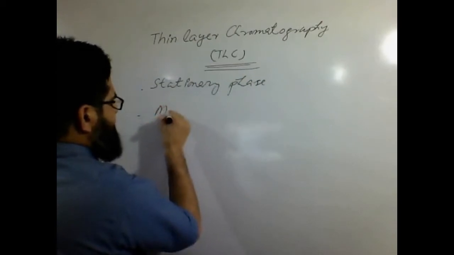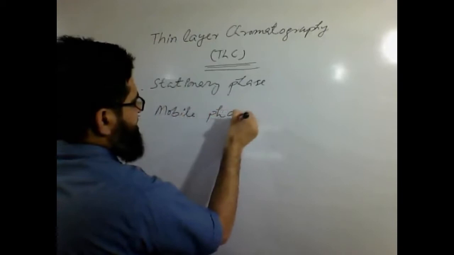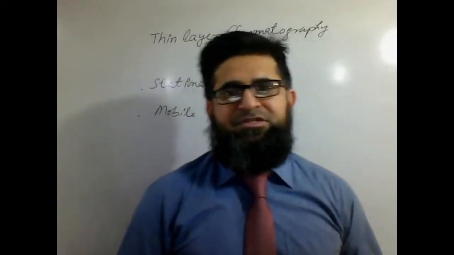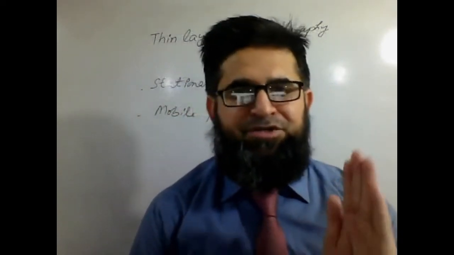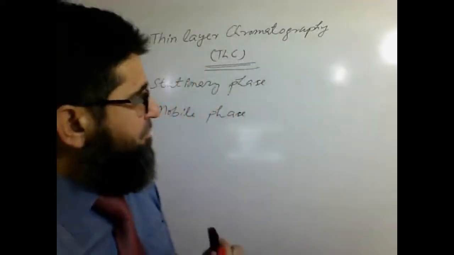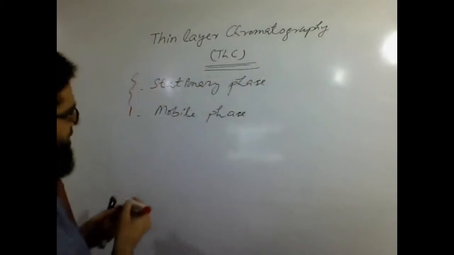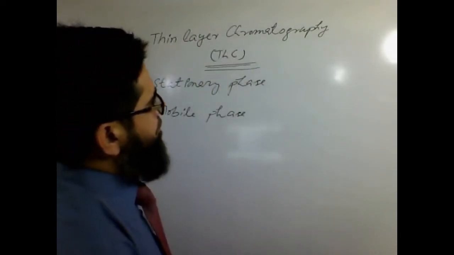The second important thing is the mobile phase. What is a stationary phase? It's the phase over which the molecules have to move for their separation from each other. Even before explaining these two things, I would give you an idea about the principle of thin layer chromatography.